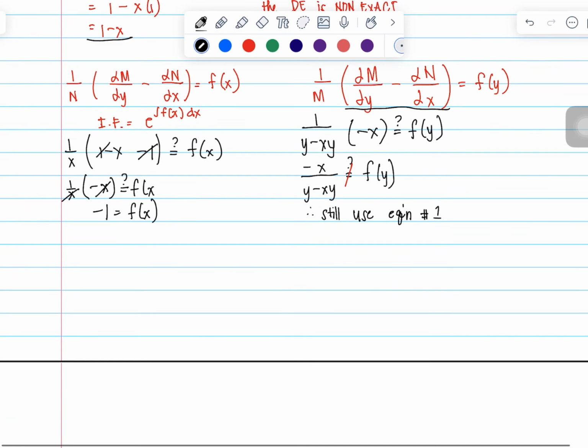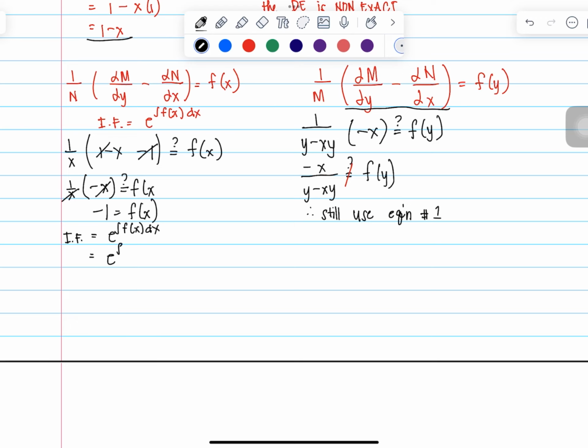Now, using equation 1, your integrating factor becomes what? That is e to the integral of f of x dx, which is e to the integral of, what is f of x?